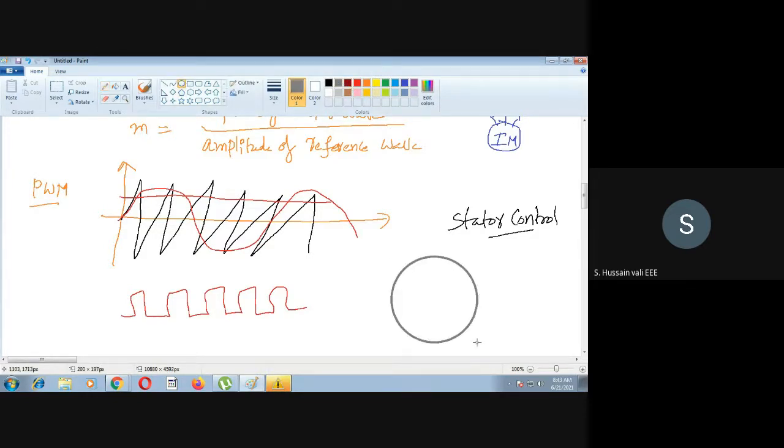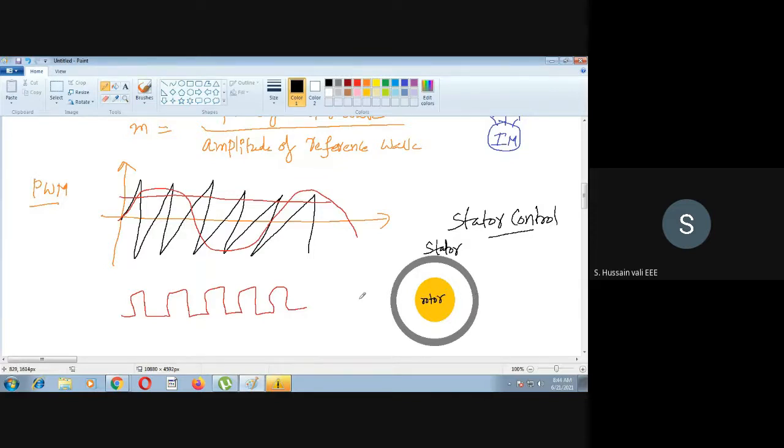Something like this. So this is your stator, and this is stator, whereas this is rotor.